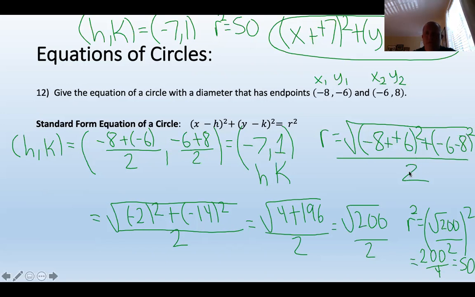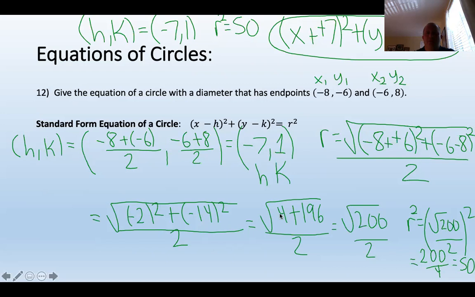And then this is all over 2, because we're taking half of the diameter to get the radius. -8 plus 6 is -2, which ends up being squared. So you have the square root of -2 squared plus -6 minus 8, which is -14. -14 ends up being squared. So the square root of -2 squared plus -14 squared, all over 2.